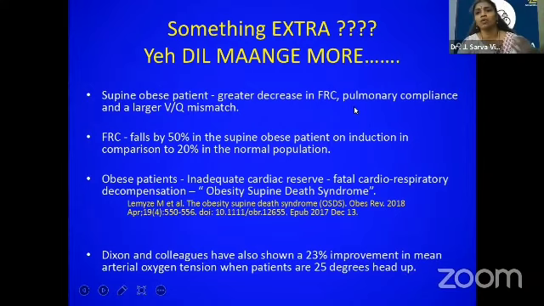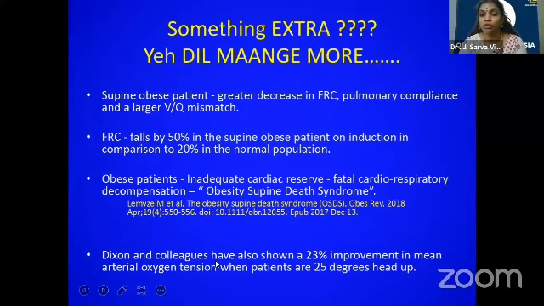So in obese patients, you always have a limited cardiopulmonary reserve, and they are more prone to right heart failure. In patients who have inadequate cardiac reserve, when they are placed supine, they might even go into a fatal cardiorespiratory decompensation, also termed obesity supine death syndrome, reported by Lemmens et al. So all these can be averted if they are placed in a ramped position.